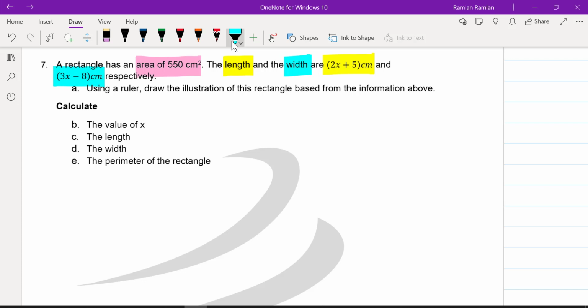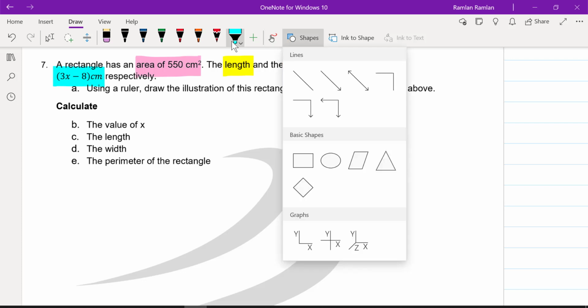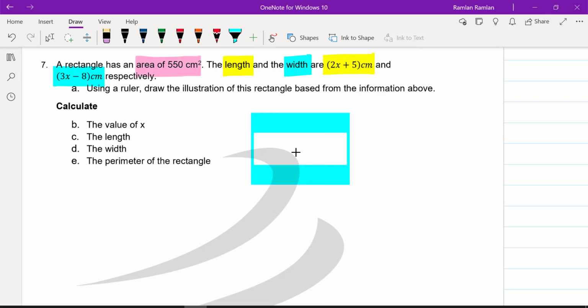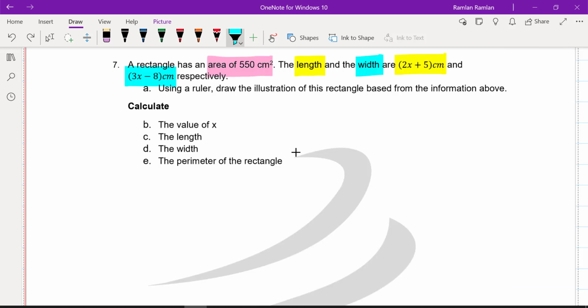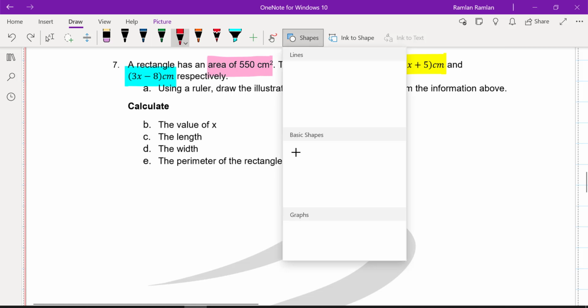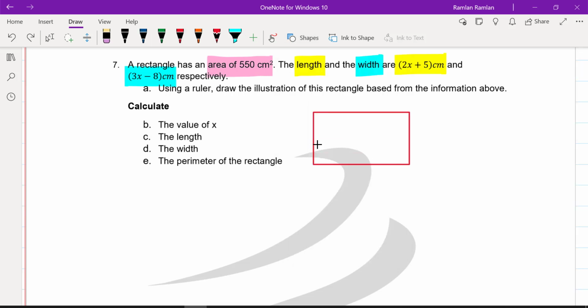Because we don't know the exact length and width, you can just draw a rectangle like this. Sorry, I'm going to use red this time. Okay, here we go. Draw a rectangle, and then write down what we know from the question.